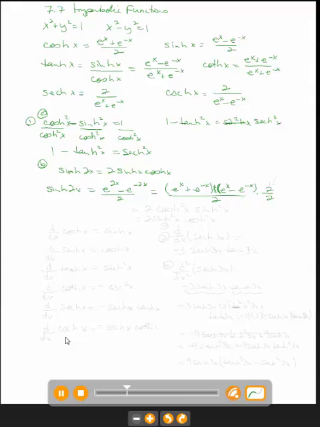I'm going to take the first one and it's going to turn it into a hyperbolic cosine. There's going to be an extra 2. This guy right here is going to be left, so 2 hyperbolic cosine of x times hyperbolic sine of x. And I'm done. I just got to turn it around.